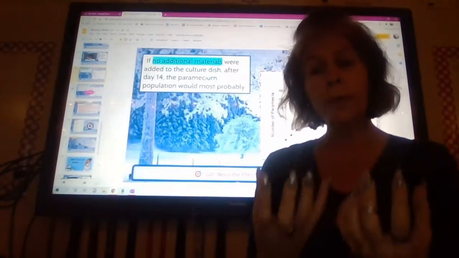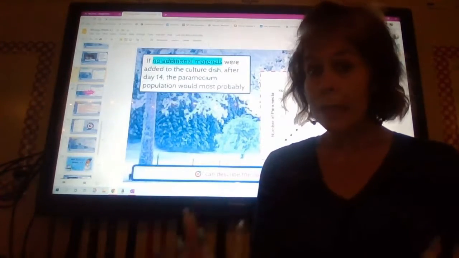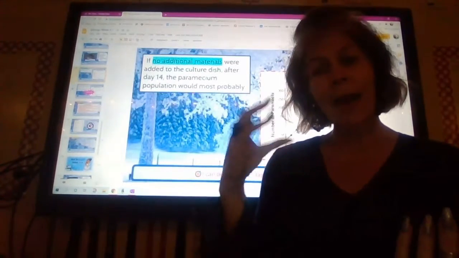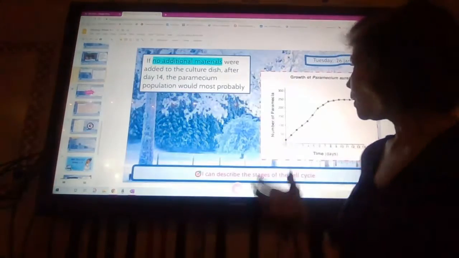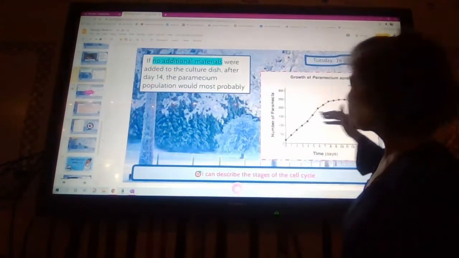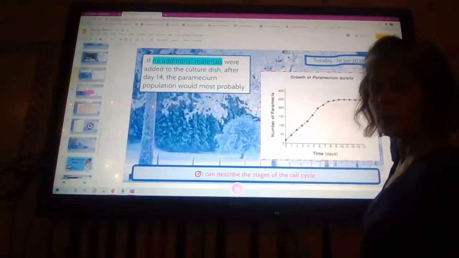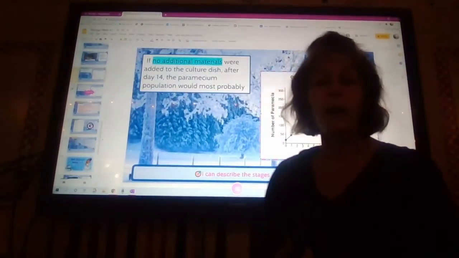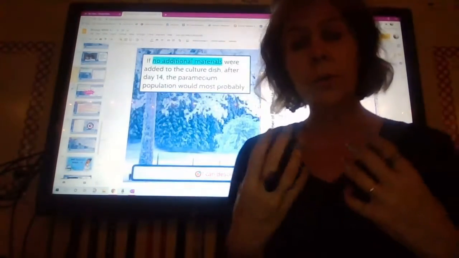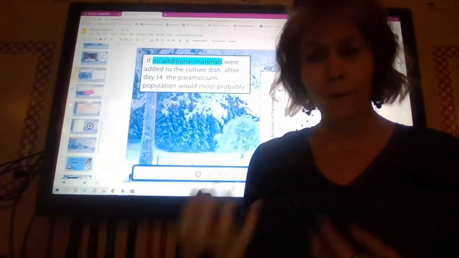What do all organisms do? They eat. And if you're not adding new food, what's going to happen over time? You should have predicted that this line would start going down and decreasing as the paramecium started starving because they did not have food.